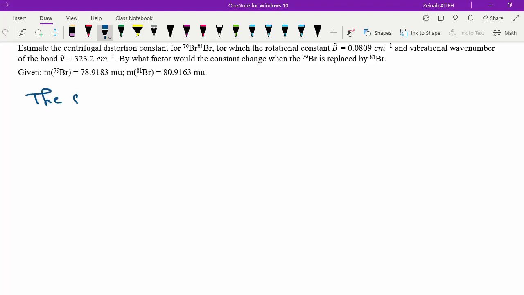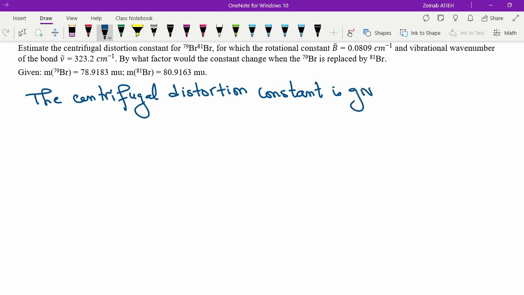The centrifugal distortion constant is given by D bar equals 4 B bar cube over mu bar square. So this mu bar has nothing to do with the absorbed photon, it's just the vibrational wave number of the bond, because the bond was treated as an elastic bond.